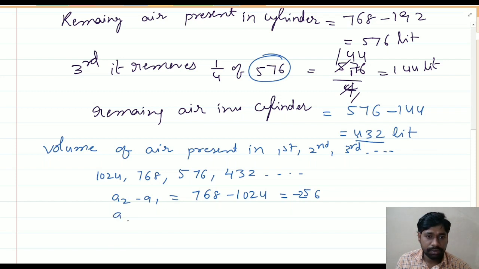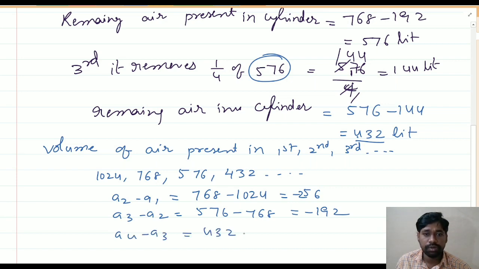A3 minus A2 is 576 minus 768, which is minus 192. A4 minus A3 is 432 minus 576, which is minus 144.